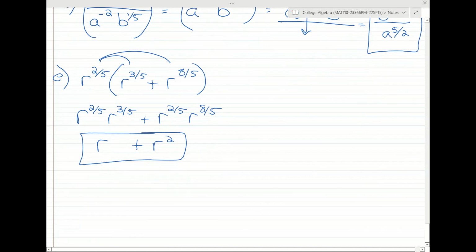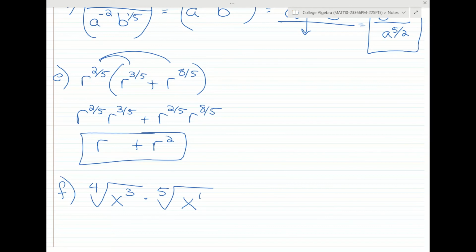Just in the few minutes or so we have left, I just wanted to do a couple examples here that are a little bit different. What if we had the 4th root of x to the 3rd times the 5th root of x to the 1st? Sometimes in order to do these more complicated problems, we have to convert them to exponents and then simplify them that way.